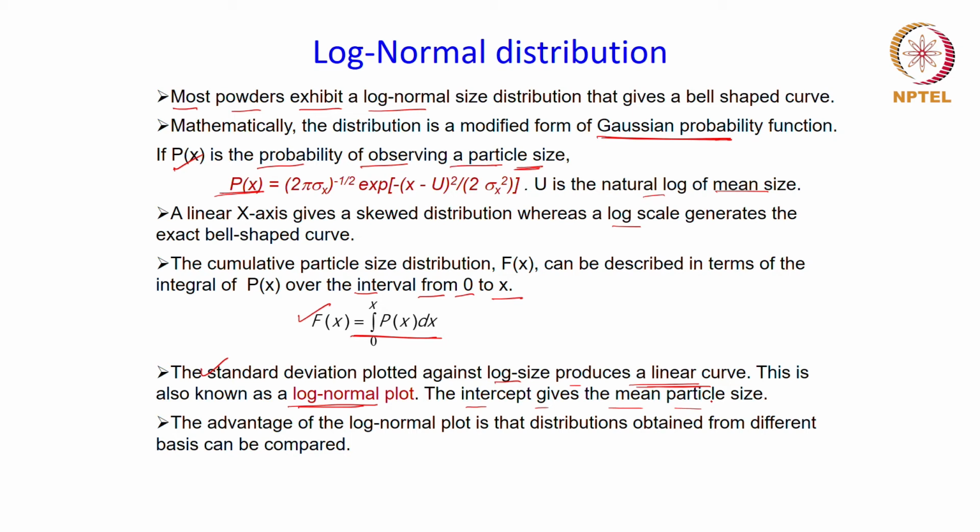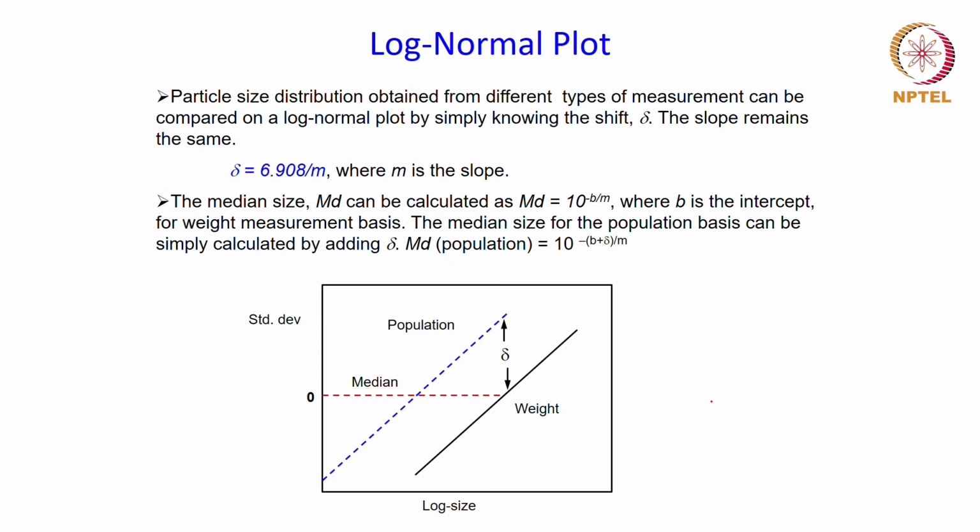And the advantage of the log normal plot is that the distribution obtained from different bases can be compared now, which was not possible, like how we discussed a little while ago for the cumulative plots. Okay. So, this is how it will look.